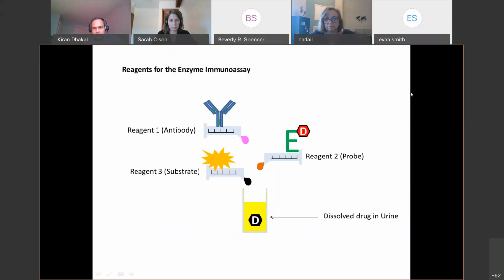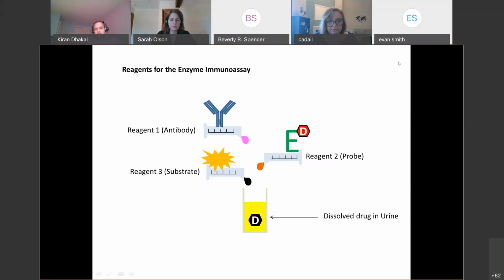So to summarize here, these are the reagents for a particular drug immunoassay. First reagent is antibody, which is specific for that drug. An antibody for morphine will not react with an antibody for THC.